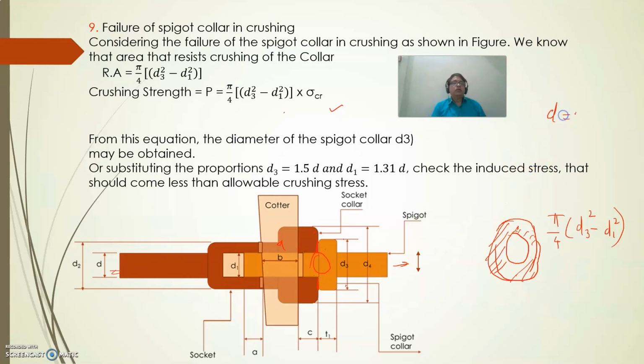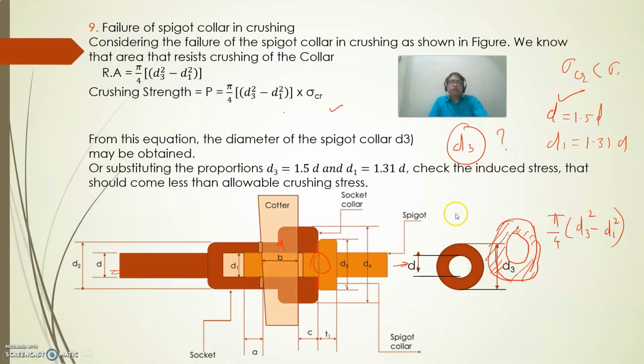I can take D3 equal to 1.5D and D1 equal to 1.31D, and we can check the stress. This sigma CR should come less than the allowable, or else we have to design D3. We have to find D3. So this is the failure of the spigot collar in crushing. The area I have shown here is D3, D1.